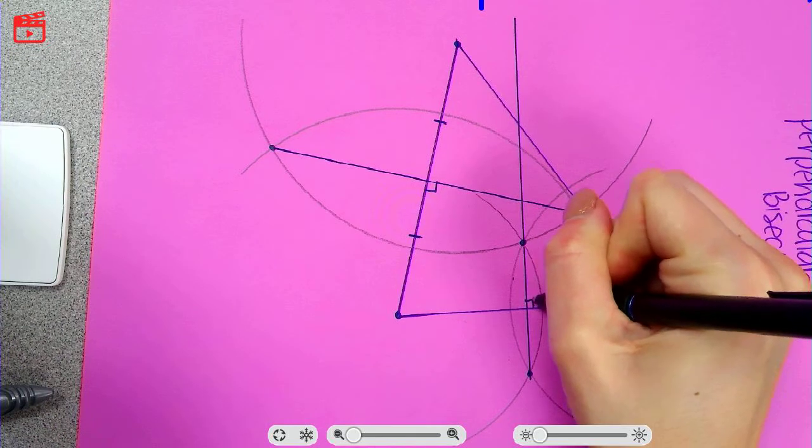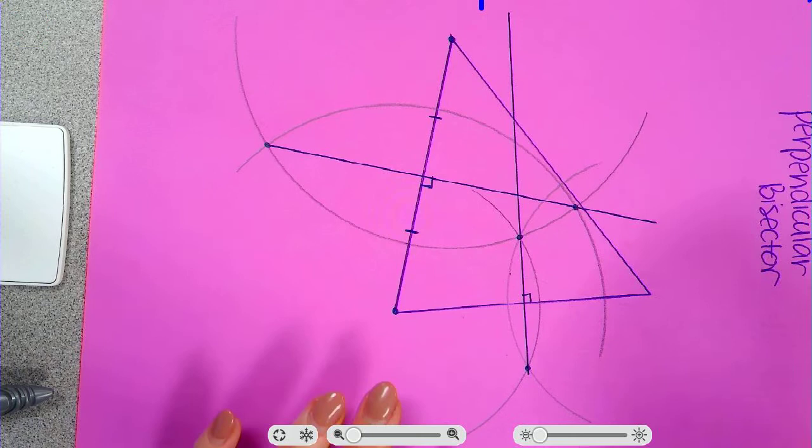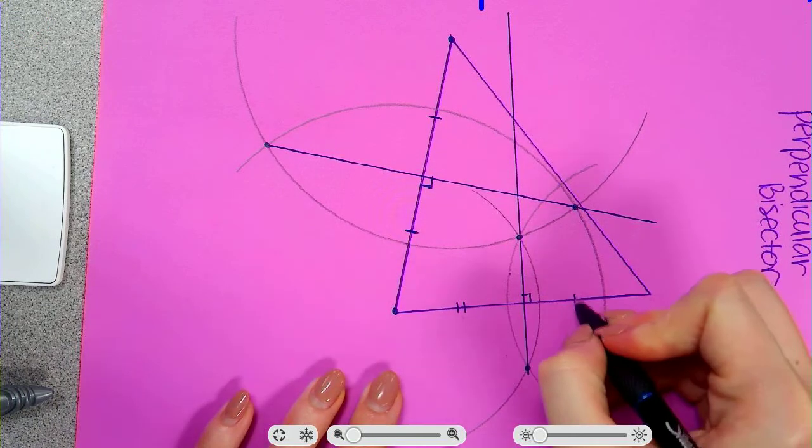Right angle. And then what kind of tick marks do we do? 2 of them. Good. So 1, 2, 1, 2.